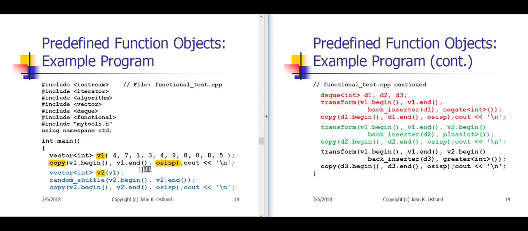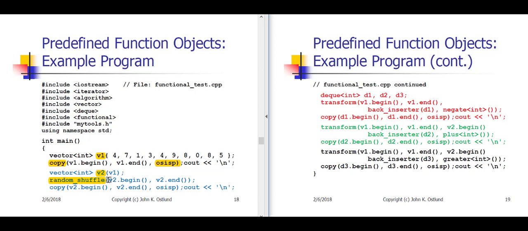v2, you'll notice, is a copy of v1, but we're going to use random shuffle to make sure that the order of the values in v2 is vanishingly unlikely to be the same as the order of values in v1.